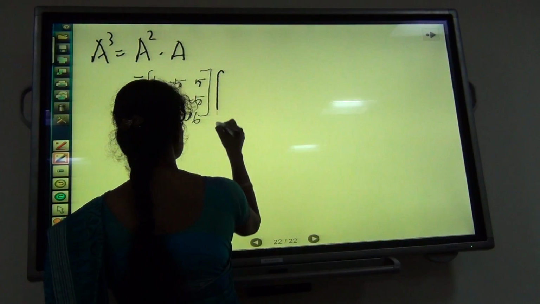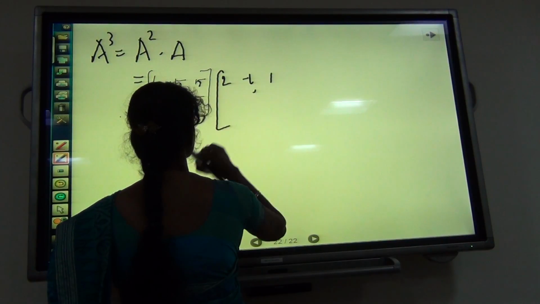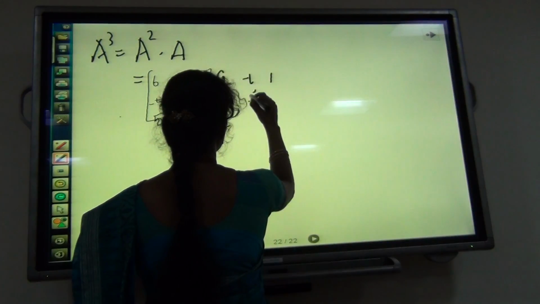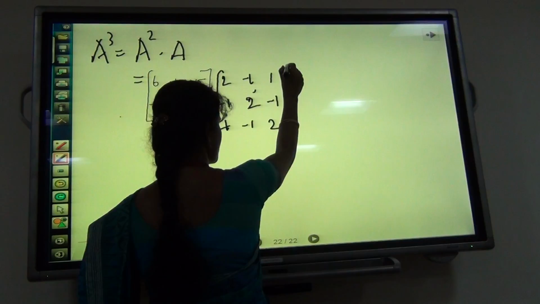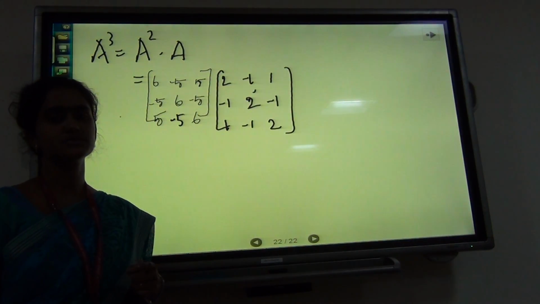What is A is 2 minus 1, 1, minus 1, second row will be 2 minus 1, 1 minus 1, 2. So as we multiply this A square with A, we will be able to get what A cube is.